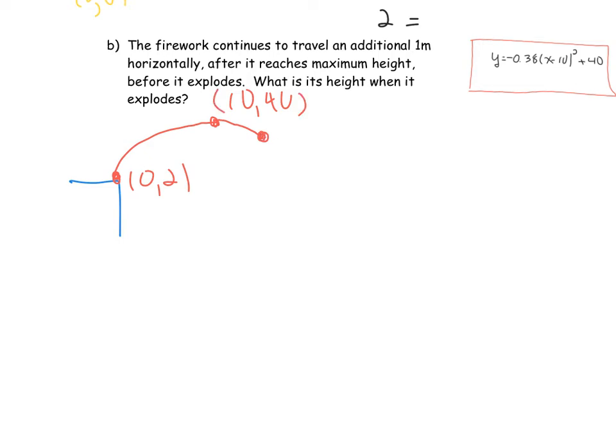It's going another meter, which means it's going to have an x value that is 11. Now, how do I know that? Well, if it was at 10, and it's going an extra meter in the horizontal direction, then its position at this point is 11 meters away from its starting point.